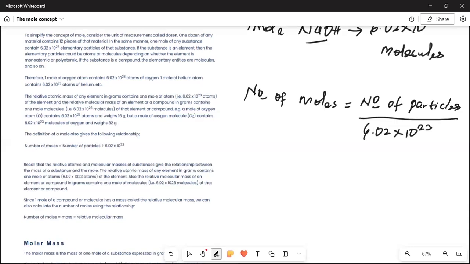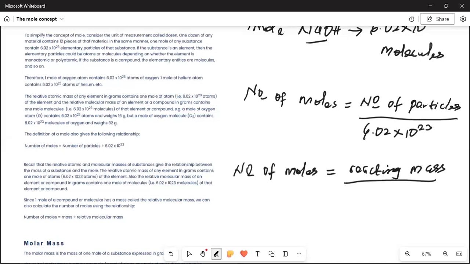Therefore, we can replace 6.02 times 10 to the power of 23 with molar mass, so that number of moles is equal to reacting mass over molar mass. This is an extension of the first formula.